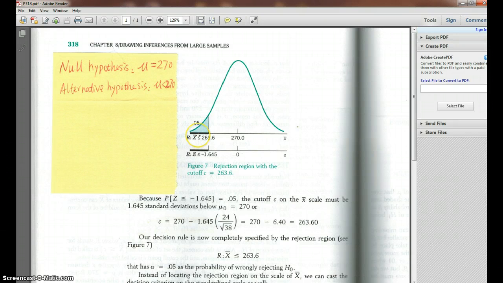One more time: the chance of making a mistake by rejecting the null hypothesis is only 5%, which is equivalent to saying the chance of making a mistake in supporting mu less than 270 is only 5%. So the chance of making a mistake is very low, so you can support mu less than 270.